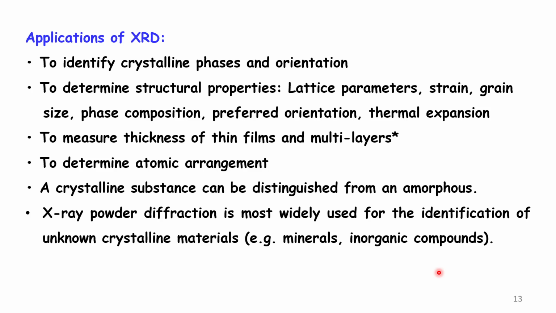Now it is used to determine the atomic arrangements. We know that in a crystalline material, we have seen in the first chapter the atomic arrangement in the crystalline structure. That can also be determined with the help of the XRD. A crystalline substance can be distinguished from an amorphous one, so if you want to distinguish a crystalline material from an amorphous one, then the XRD is also useful.